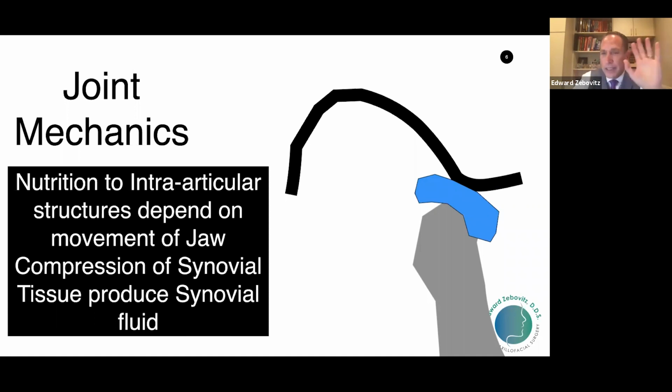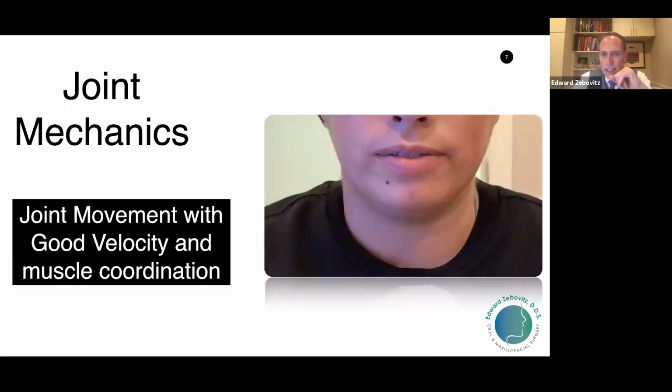So, basic concept again. Continuing on joint mechanics, if we think about normal movements of the jaws, we want to make sure that movements are smooth, have a good velocity, and there's not a stuttering effect or clunk, clunk, clunk, like being on a cobblestone street with all the irregularities. It should be all very smooth and fast.